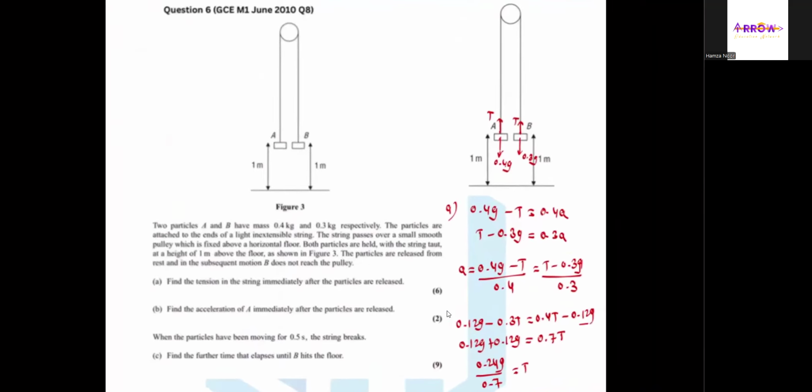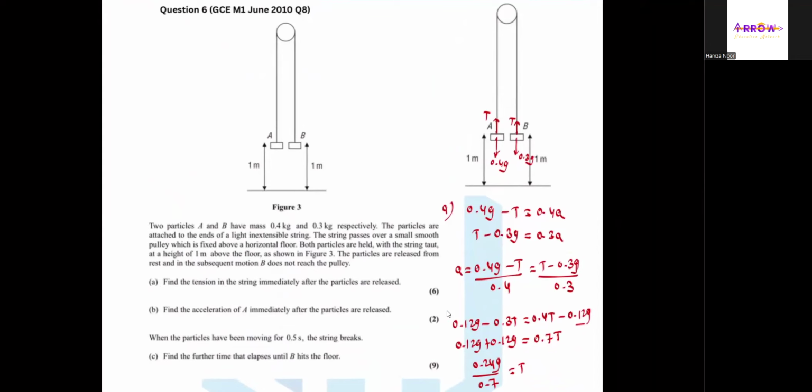And in part C, I hope the picture of the question is clear. The pixels are fine, I believe. Before part C, it says that when the particles have been moving for 0.5 seconds, the string breaks. Find the further time that elapses until B hits the floor.